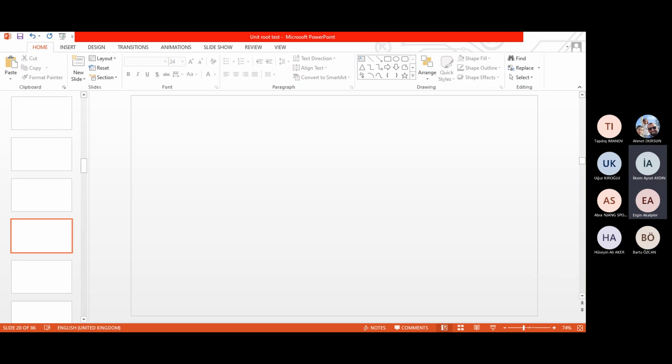I don't know why this has happened. Normally what I do, I use Ctrl Alt Delete to see what tabs are open, close everything that is open, and then reopen the program. Let me quit.